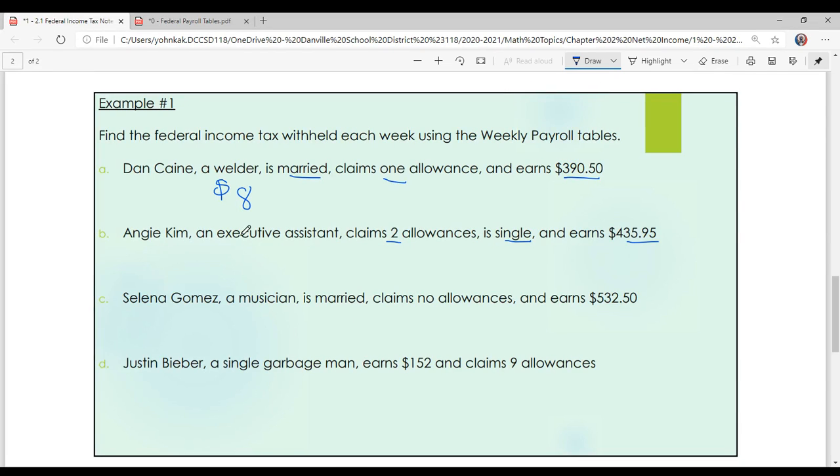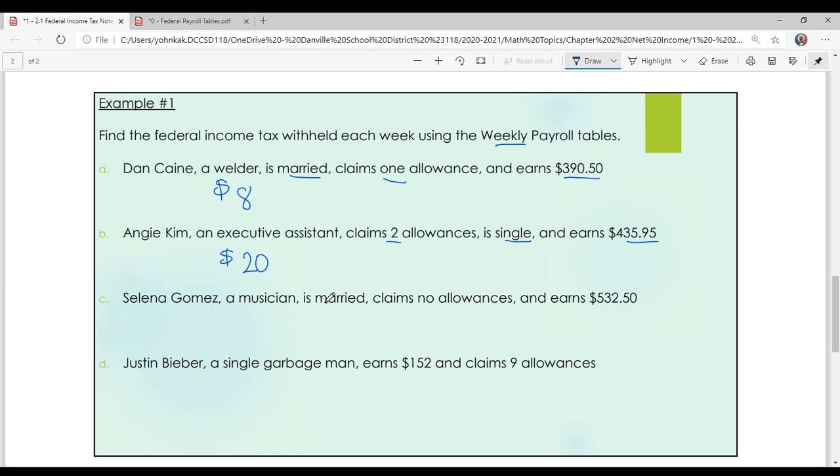That means that every paycheck, the federal government is going to take out $20 for federal income taxes. By the way, keep in mind this is weekly. So if you get paid every 2 weeks, then you would have double that.